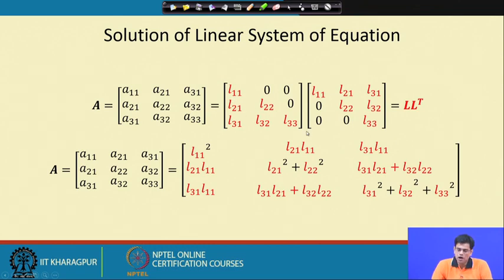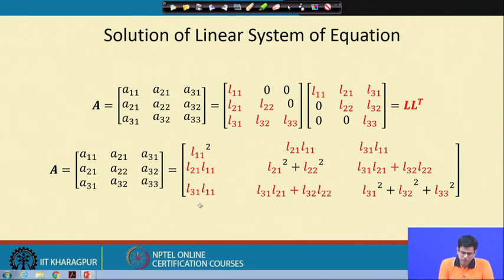Here, instead of the matrix U, we use the transpose of L, the lower triangular matrix. If we do this, then by matrix multiplication we can easily get the final form of the matrix.